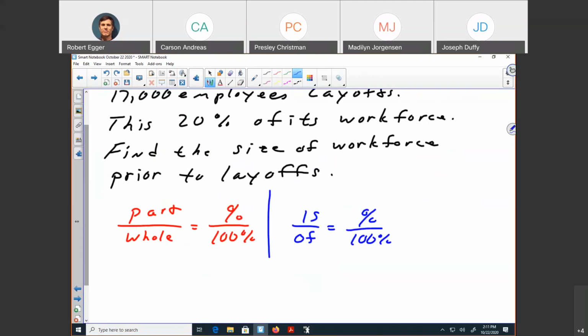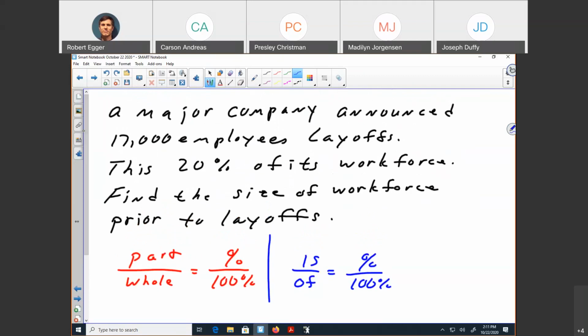"Is" means equal, but in terms of percentages it equates to what the part is. And the whole usually goes with the "of", and that goes with the 100%, the whole is the starting point.